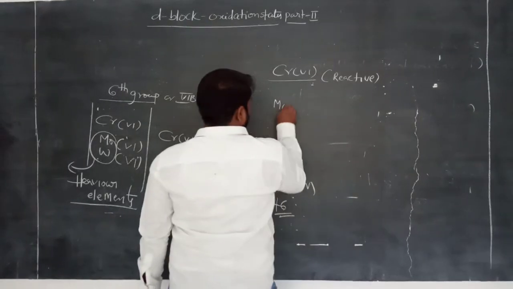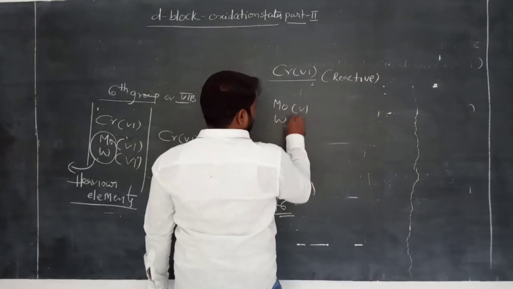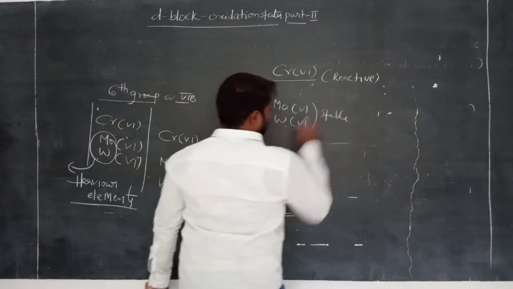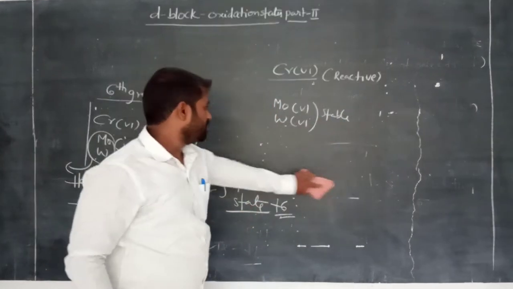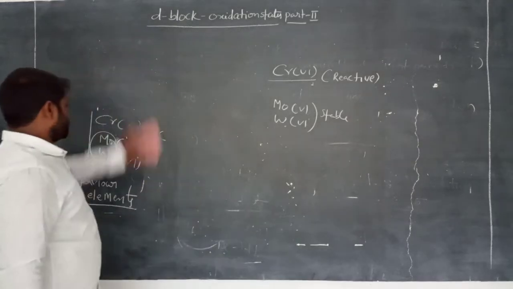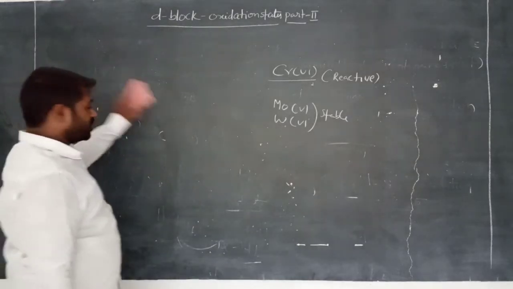Mo and tungsten +6 are stable. Why? Because these are heavier elements. W means tungsten, wolfram.